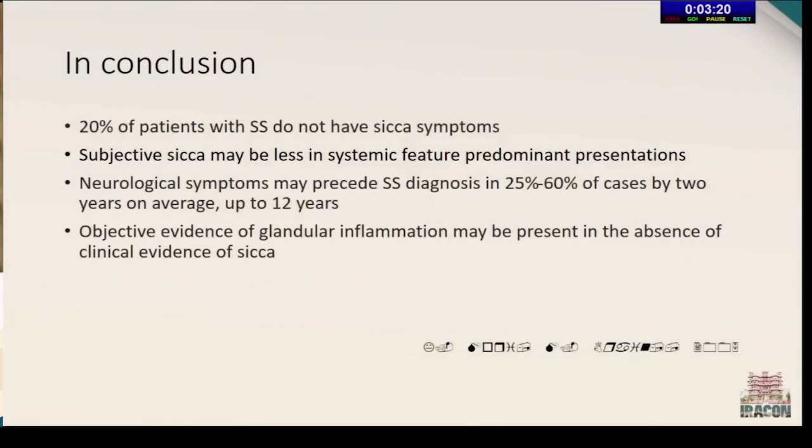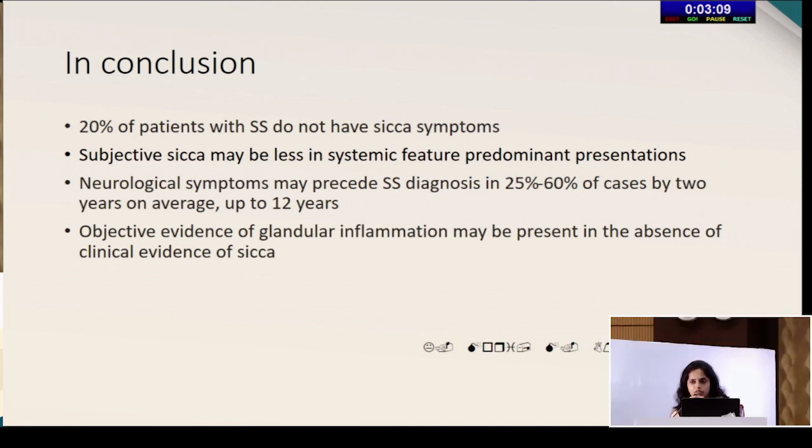As already discussed, around 20% of patients with Sjogren's do not have Sicca symptoms. It varies from series to series, and in some series it is as high as 40 to 50%. Subjective Sicca is well known to be less in systemic feature predominant presentations of Sjogren's, and it is known to occur as late as 10 to 12 years after the initial presentation of the extraglandular manifestation.